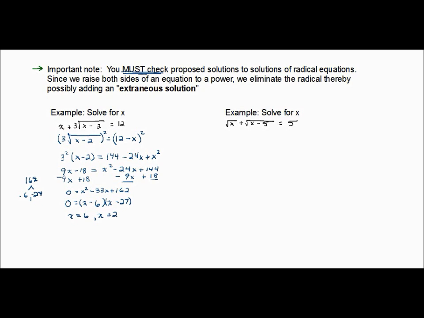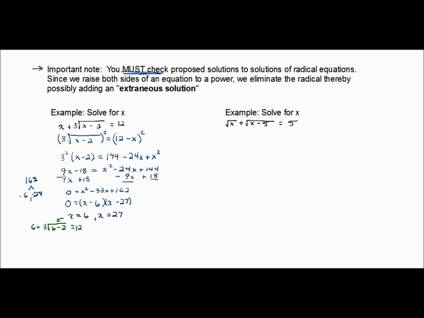Well, that's the question. We actually need to check this one out. So we should make sure that we check by going to the original equation. Let's take a look at x equals 6. Does that work? Well, if it does, then 6 plus 3 times the square root of 6 minus 2 should be exactly the same as 12.